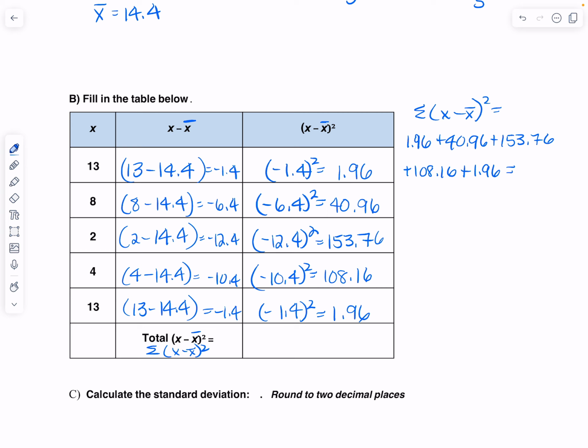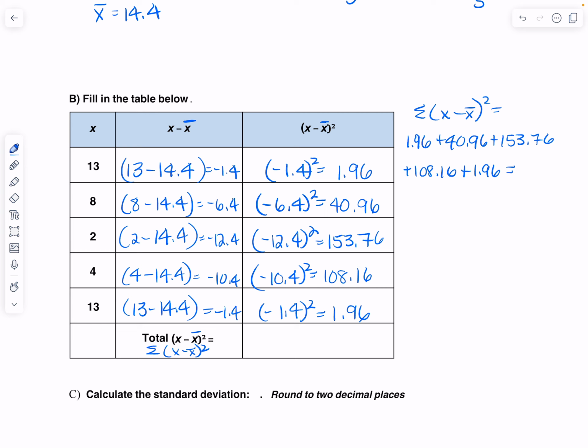So 1.96 plus 40.96 plus 153.76 plus 108.16 plus 1.96.